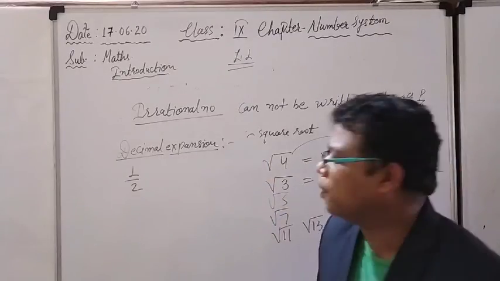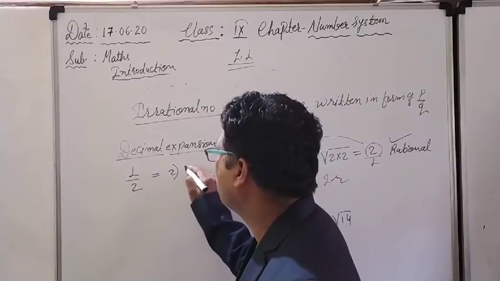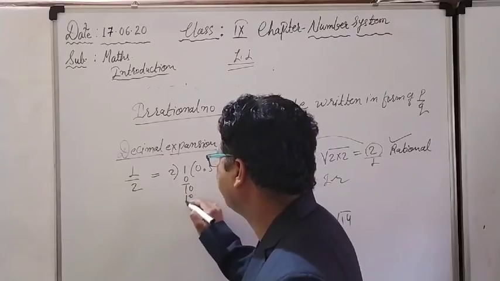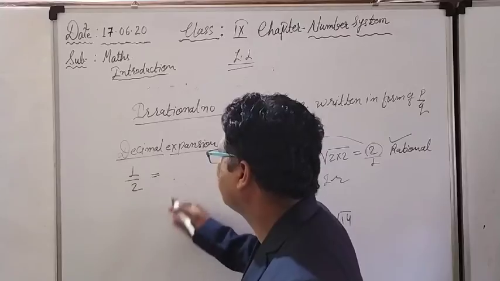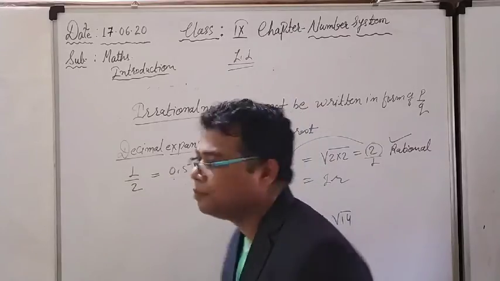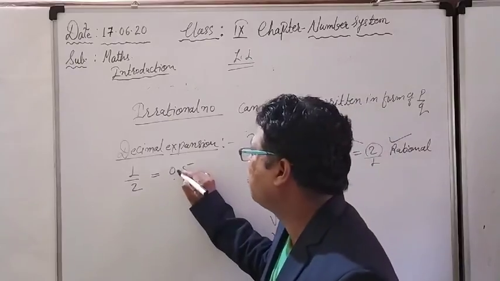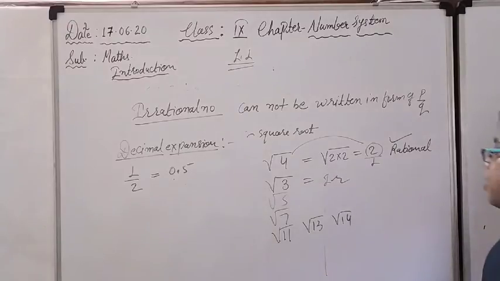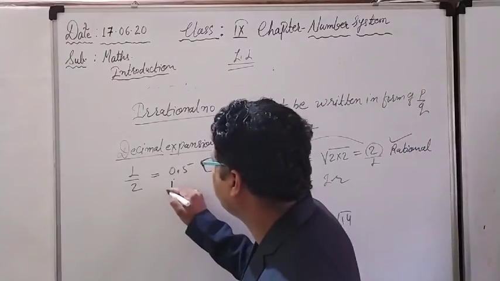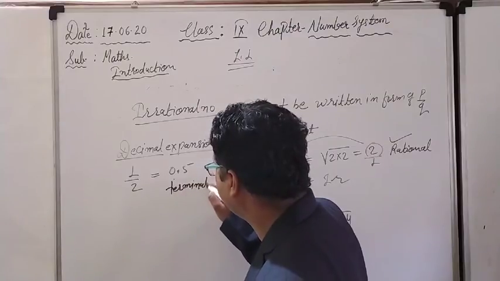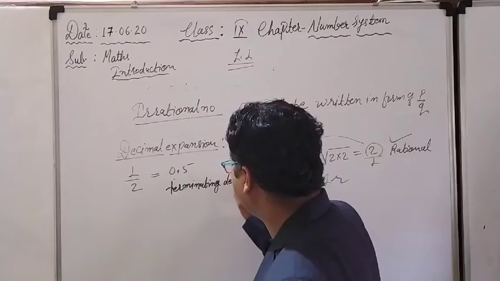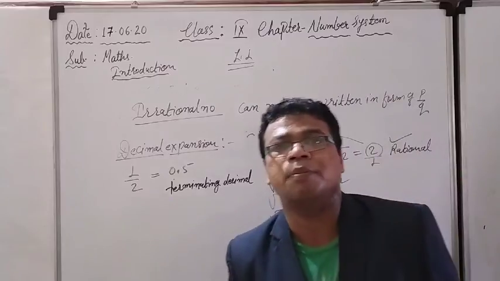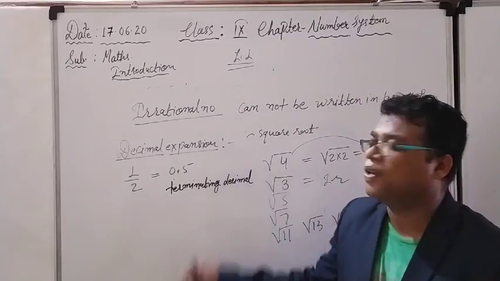And if I try to solve it, if I want to convert it into decimal, if we divide 1 by 2, then 0 times, put a point, and make it 10, 2 5s are 10. That we are knowing. What is the answer for 1 upon 2? 0.5. After the point, 0.5 is its answer. This particular decimal expansion is known as a terminating decimal. What is the meaning of terminating decimal? Terminate means finish, because it is going to be finished.